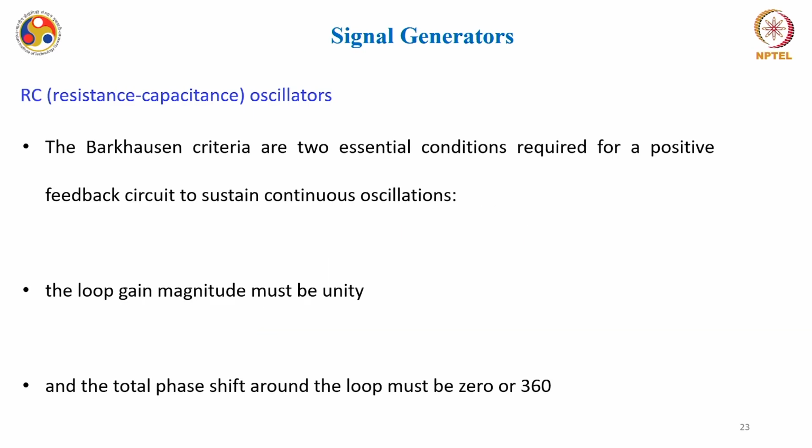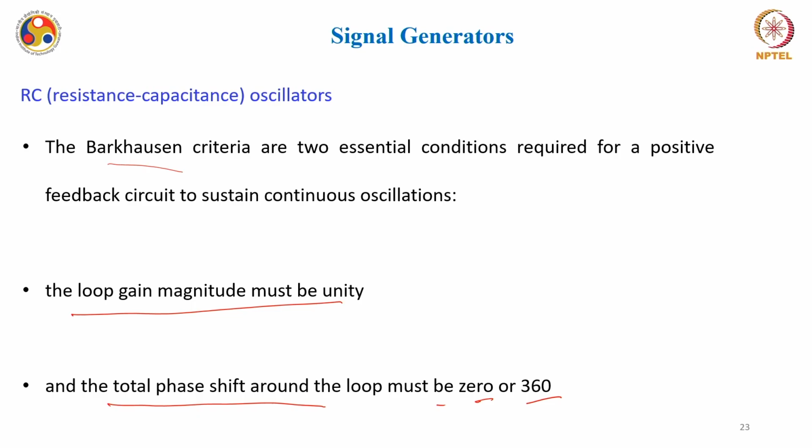Now, all these oscillators that we are seeing are based on the Barkhausen criteria. If you are aware of this criteria, it has two essential conditions required for a positive feedback circuit to sustain continuous oscillation. One is that the loop gain magnitude must be unity, and the total phase shift around the loop must be 0 or 360 degrees.